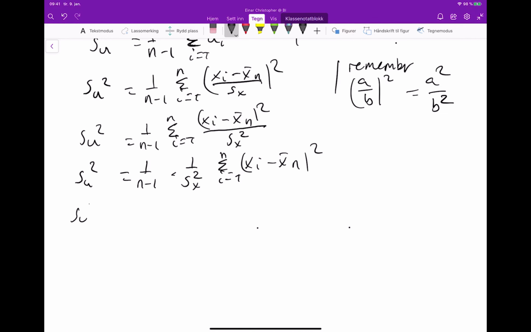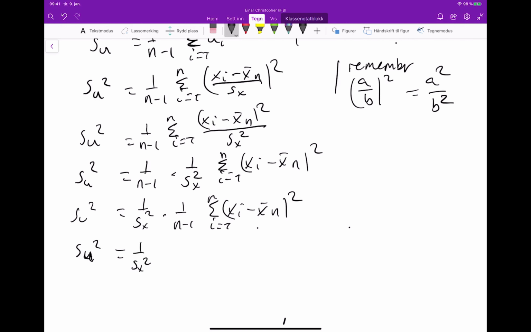And as we know, we can change 1 divided by sx in the power of 2 with 1 divided by n minus 1 and write sum i equal 1 to n xi minus x bar n in the power of 2. And then we just have to recognize that all this is nothing else but the empirical variance of the x's, sx in the power of 2.